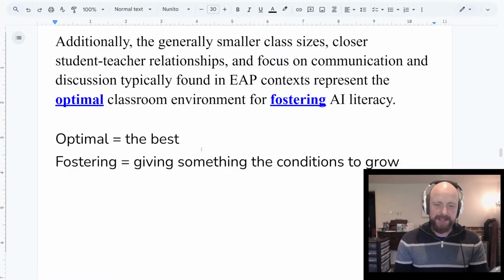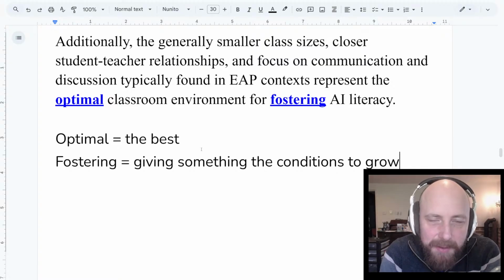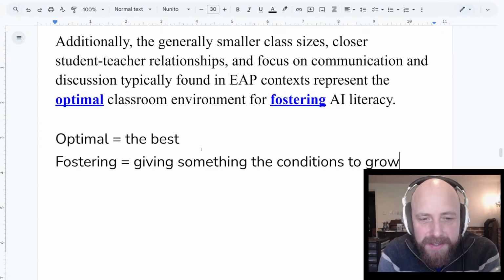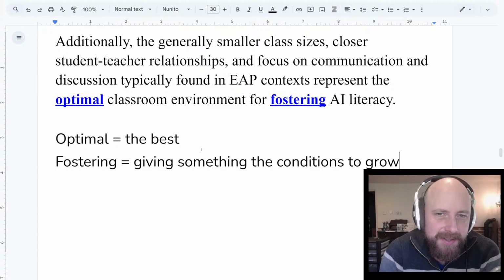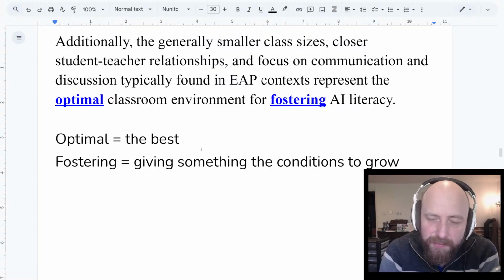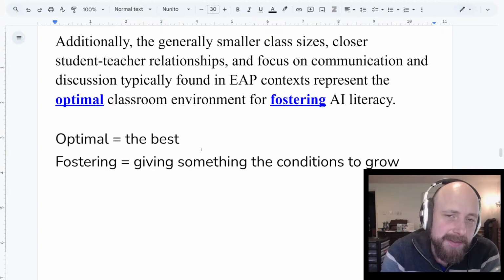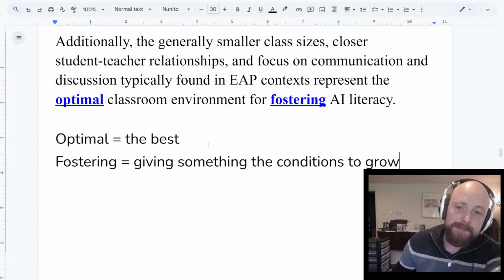If you were fostering a plant, that would mean putting it into soil and watering it. It's kind of like caring for it in a way that you want it to grow. So fostering AI literacy, it's like we're giving an environment where hopefully AI literacy can improve.